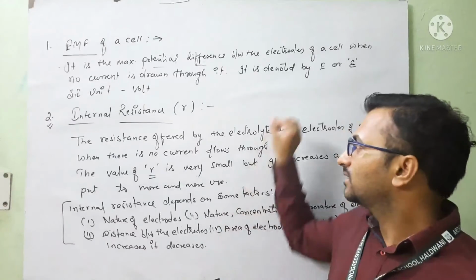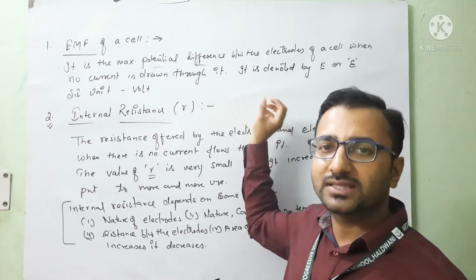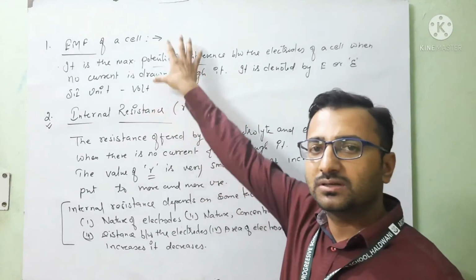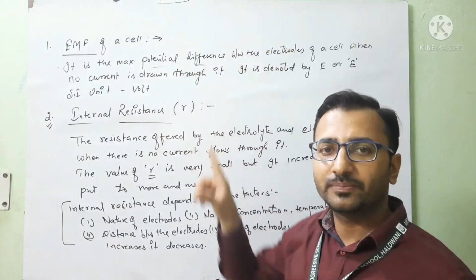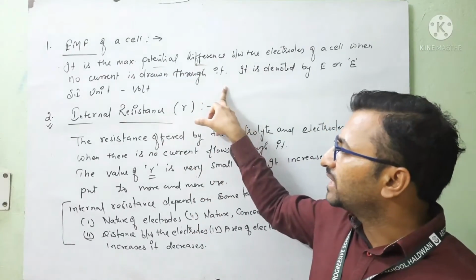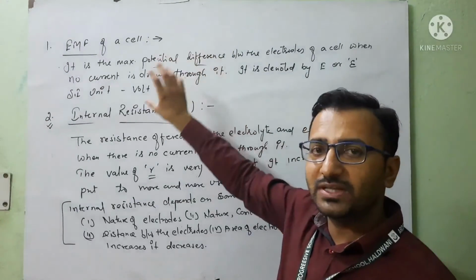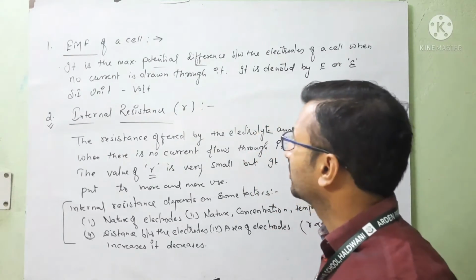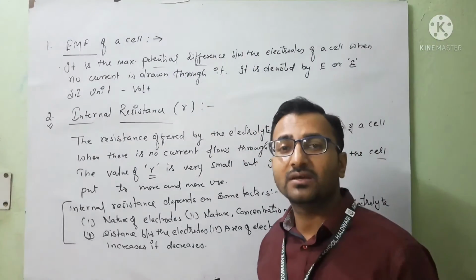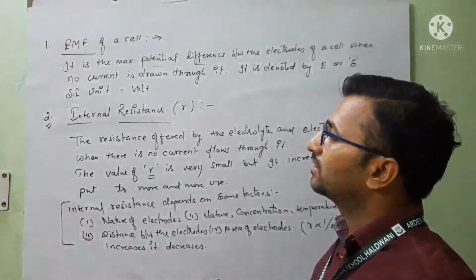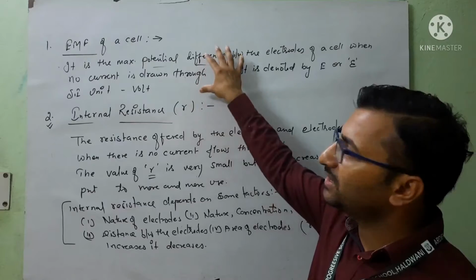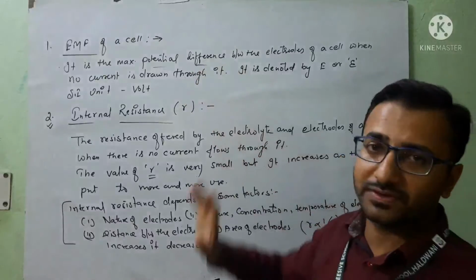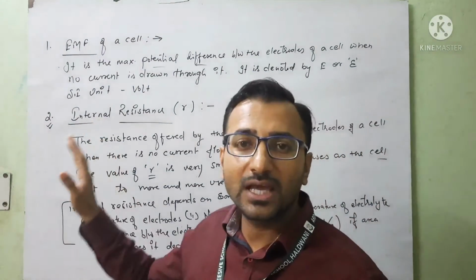But when we close the key K, current is drawn from the cell into the circuit, and we measure the potential difference between the terminals of the cell using a voltmeter. We will see a potential difference which is different from the EMF of the cell.